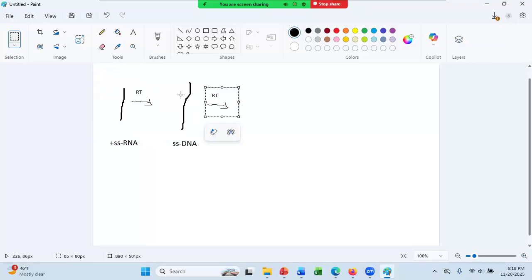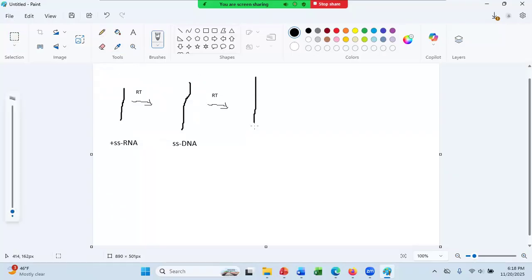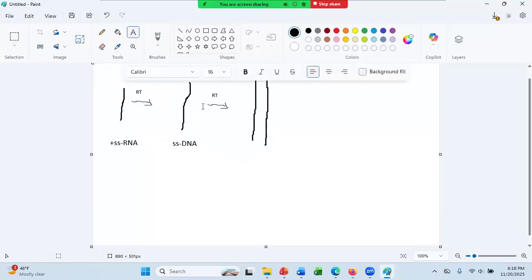The reverse transcriptase can then take single strand DNA to make double strand DNA. And this does happen in 2 steps. I think your textbook doesn't tell you that, but a reverse transcriptase has to act twice to make double strand DNA from single strand RNA.